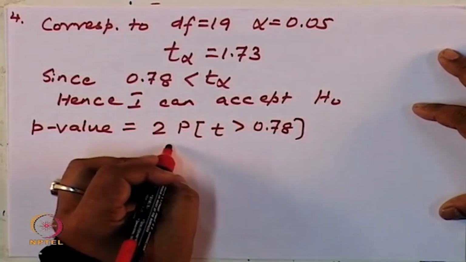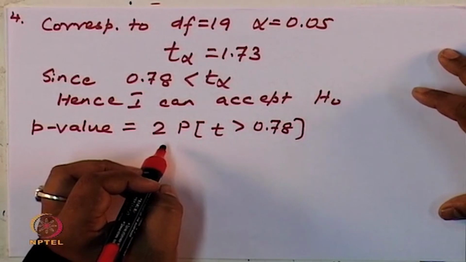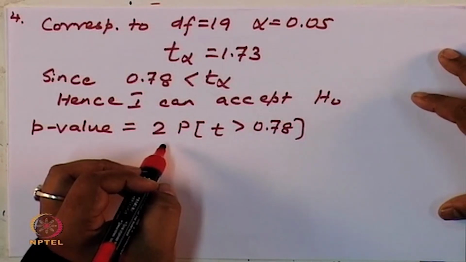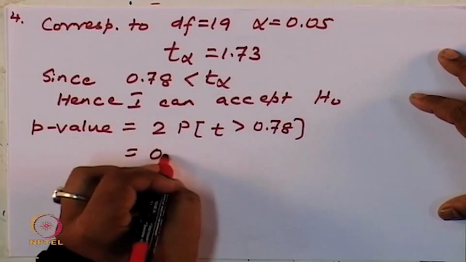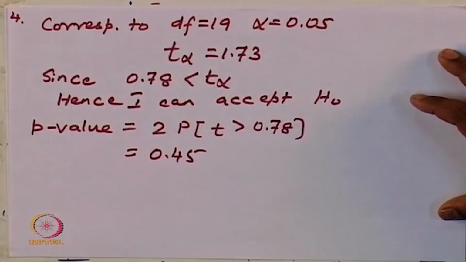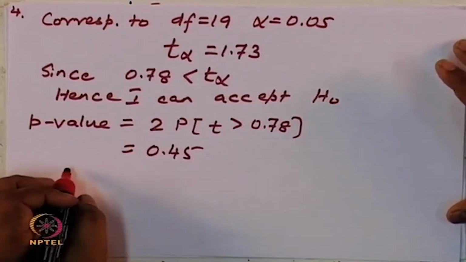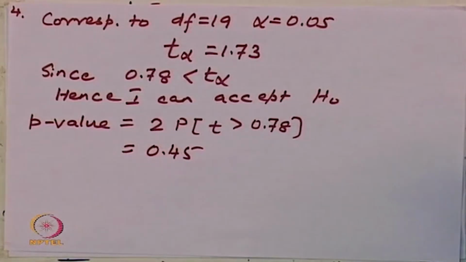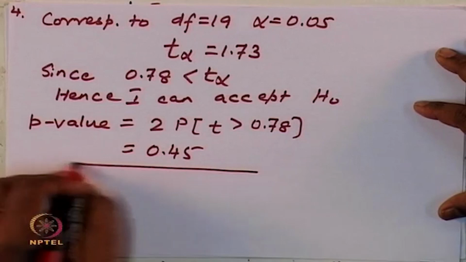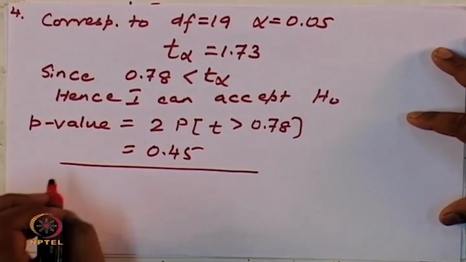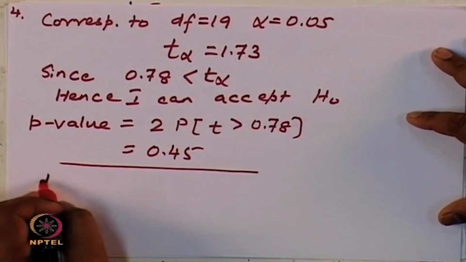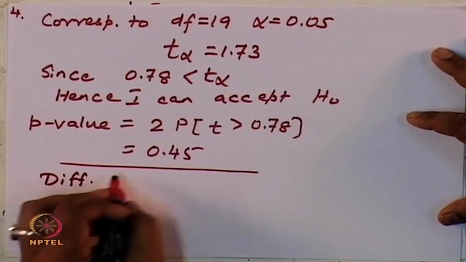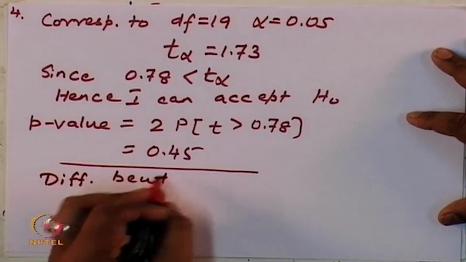Why this 2? Because I only get the upper tail information from a t table. This comes out to be 0.45. This again asserts that this difference is not statistically significant. So, using a t test, I can also test the difference between population means.